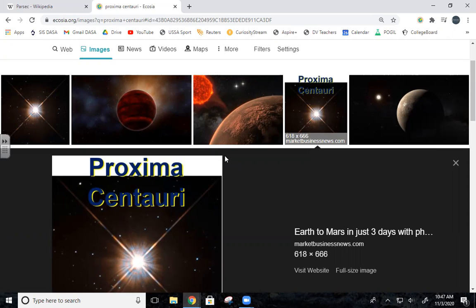And the idea is to use a light sail, which I don't have time to get into, but essentially we would use lasers on the moon to push these little tiny postage stamp sized spacecraft at 0.25 the speed of light. So 0.25 c.